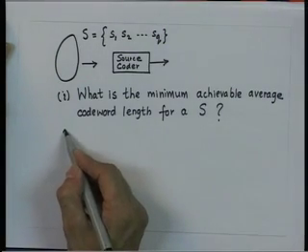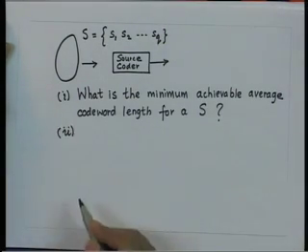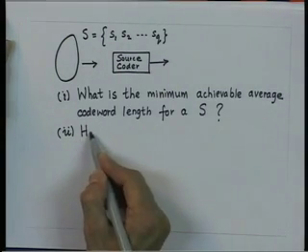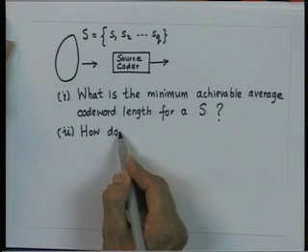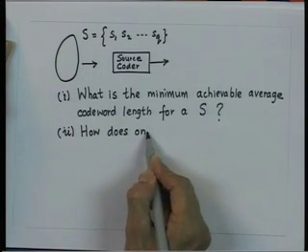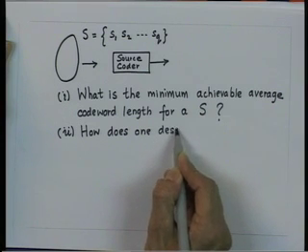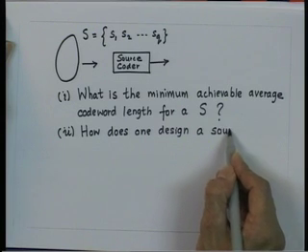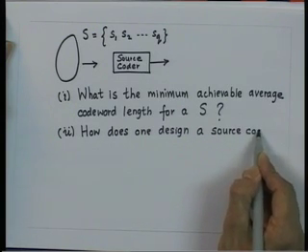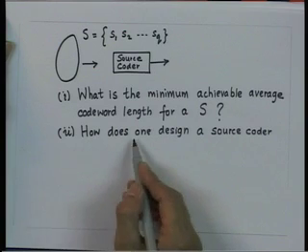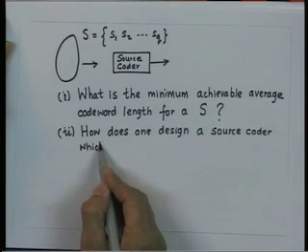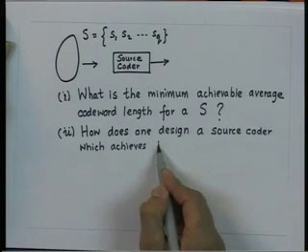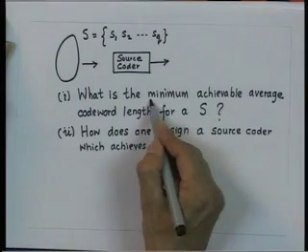The second question that arises is, how does one design a source coder which achieves this minimum length?